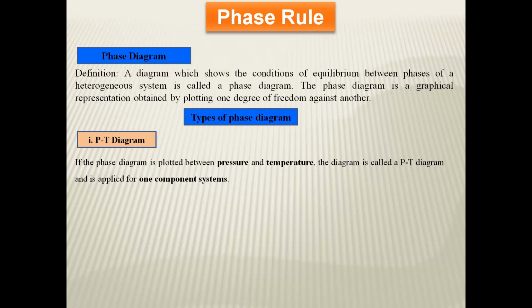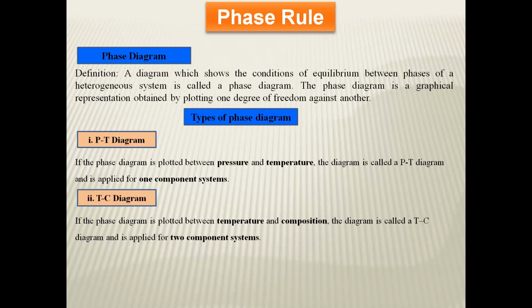This we will be taking up in the upcoming slides of water system. Next is TC diagram, that is temperature composition diagram, and these are applied for two component systems. These will be discussed in the next video when we discuss two component systems in detail.